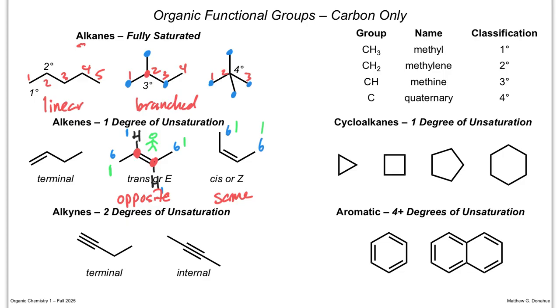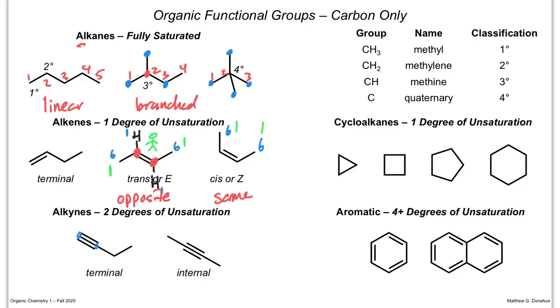So there are two types of alkynes. Terminal, again, that's at the end of the chain. So let me highlight those in blue. This is a carbon, and that is a carbon.